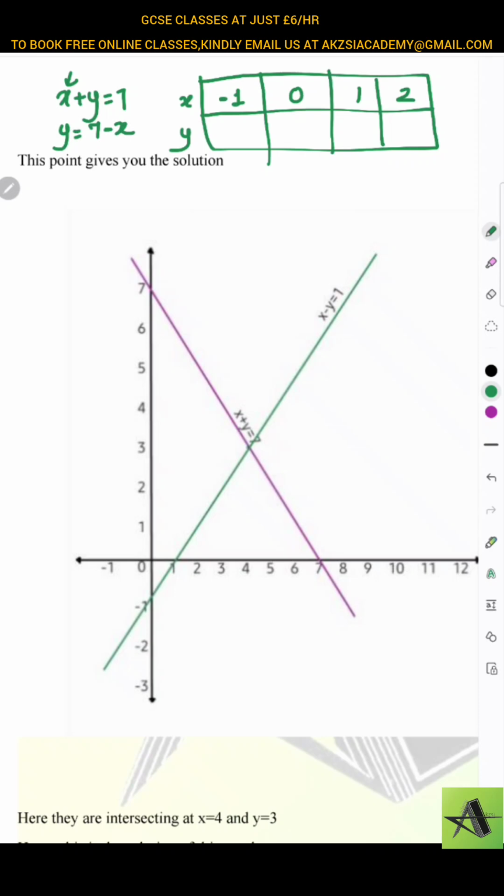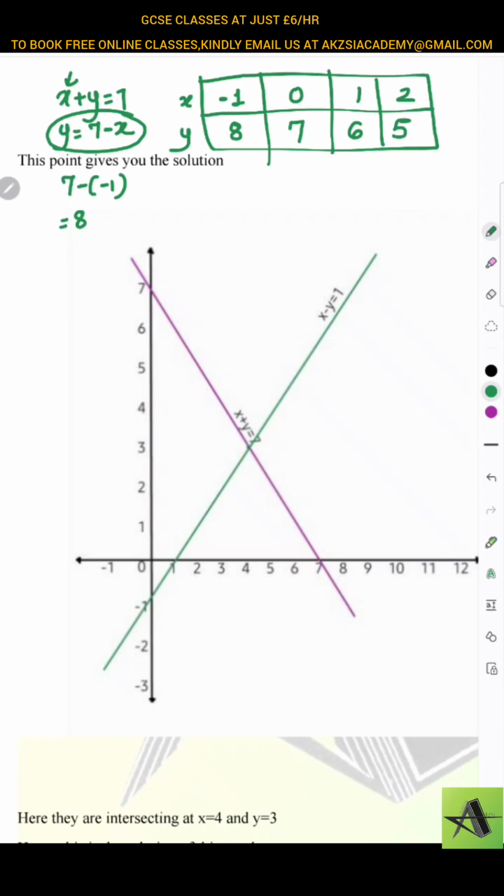So when I substitute x equals negative 1, y will become 8, because 7 minus negative 1 gives me 7 plus 1, which is 8. In the same equation, when I substitute x equals 0, y will be 7. When I substitute x equals 1, it's 6. And when I substitute x equals 2, it's 5.